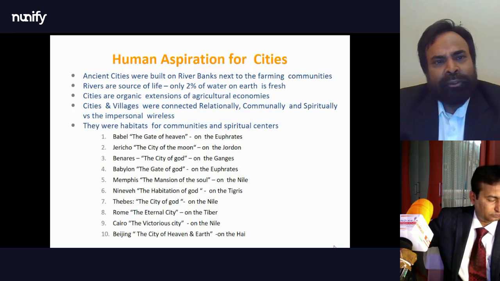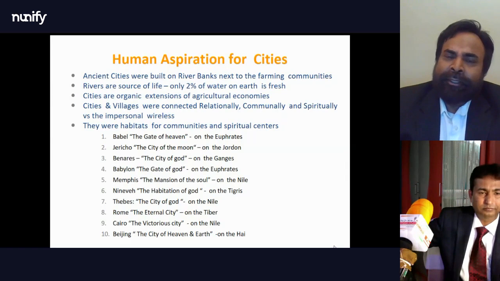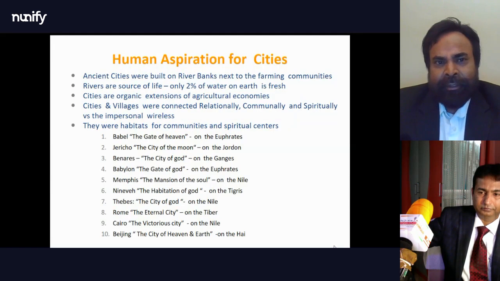However, I want to show you the ancient cities were built on river banks next to the farming communities, which means they were very integrated with the villages because they were really built next to a river, which is the source of life. Rivers are the sources of life. 2% of water on earth is fresh that sustains life on the planet.